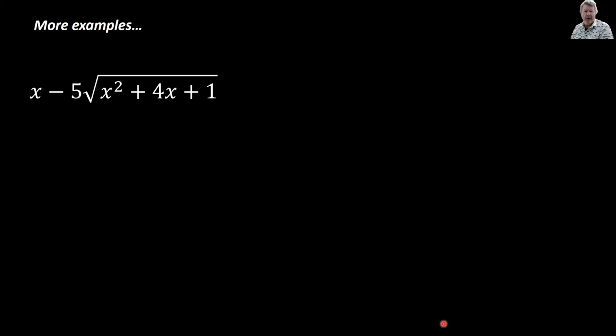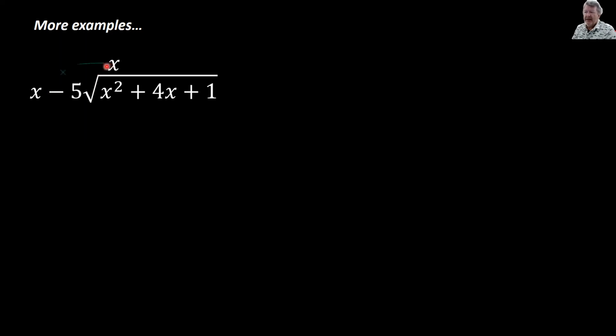Okay, let's do some more examples. Wonderful. X minus 5 into x squared plus 4x plus 1. So first up, I'm just going to wean you off all these arrows and lines slowly. X into x squared, better known as x squared divided by x, gives us x.